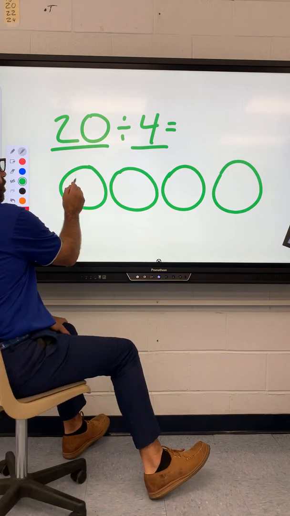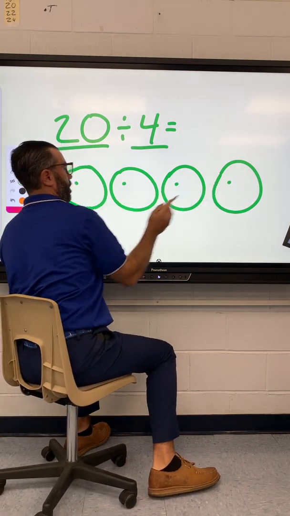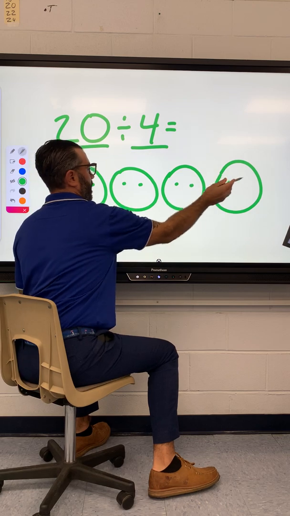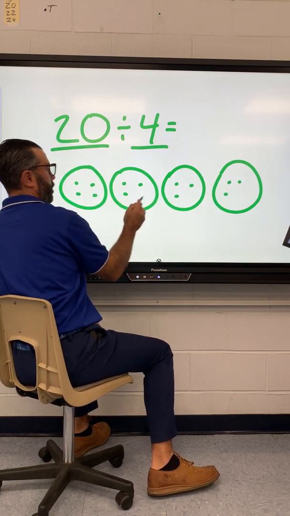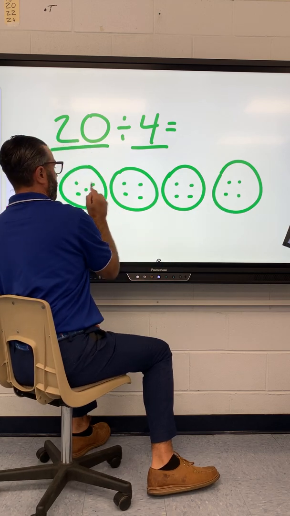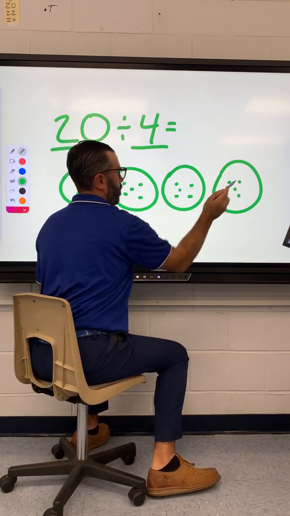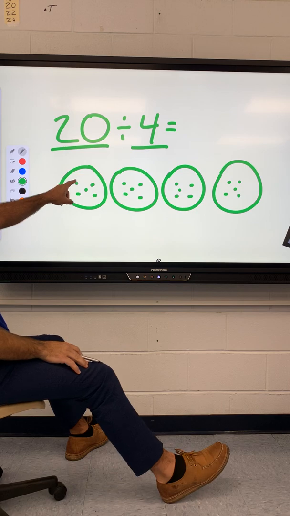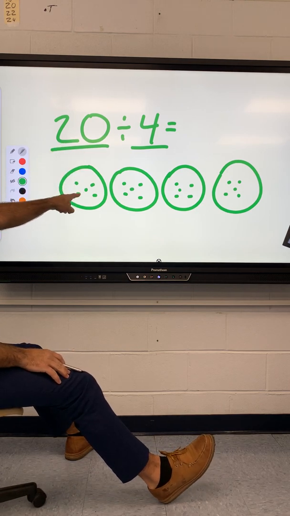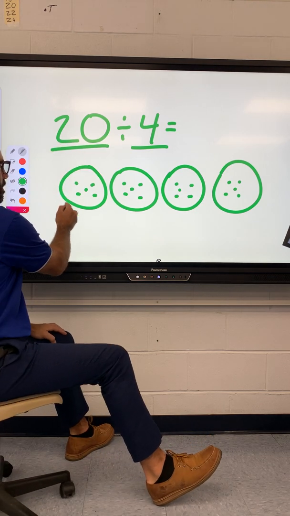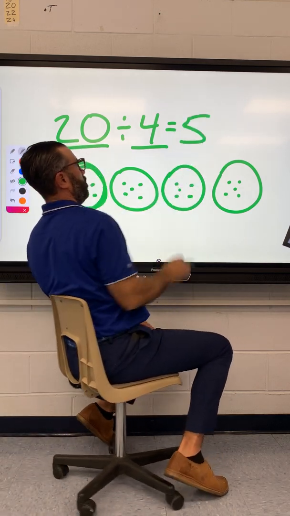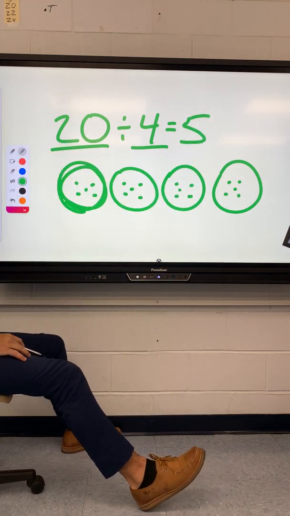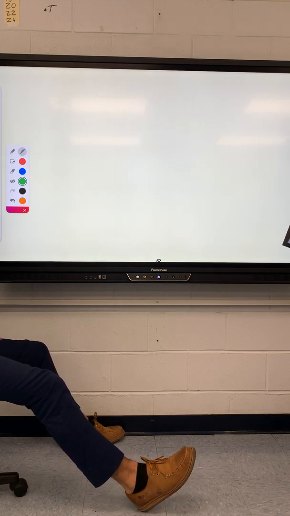So count with me. 1, 2, 3, 4, 5, 6, 7, 8, 9, 10, 11, 12, 13, 14, 15, 16, 17, 18, 19, 20. So for my answer, just look at 1 group: 5 in each group. 20 divided by 4 is 5, okay?